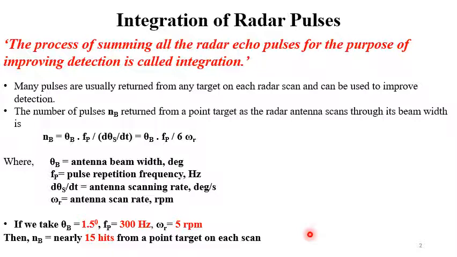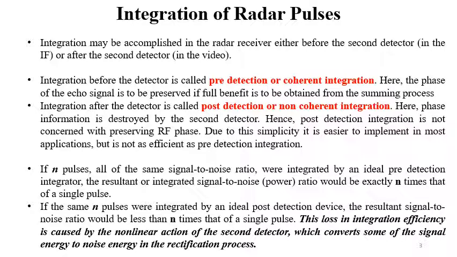So instead of using a single pulse for the detection, we can use a number of pulses like 15 pulses for the detection process, and it is expected that if we use more pulses, the detection process would be better. So this is the objective of this work.